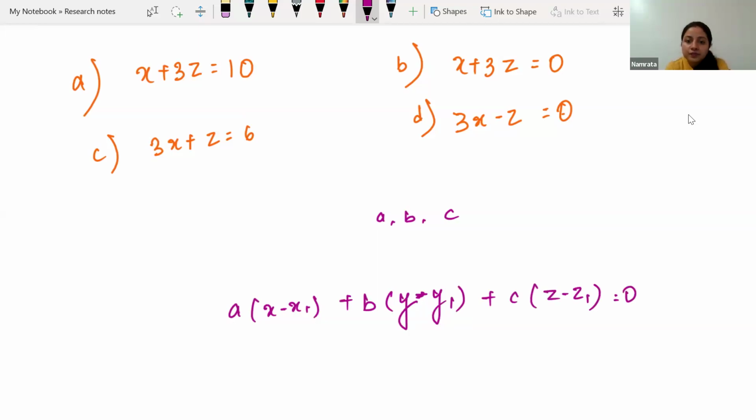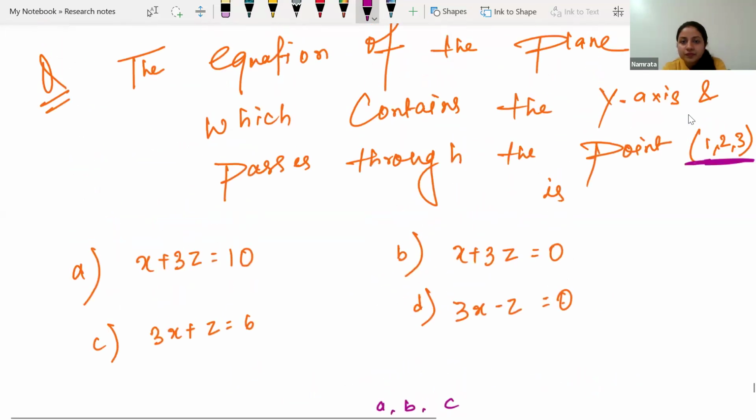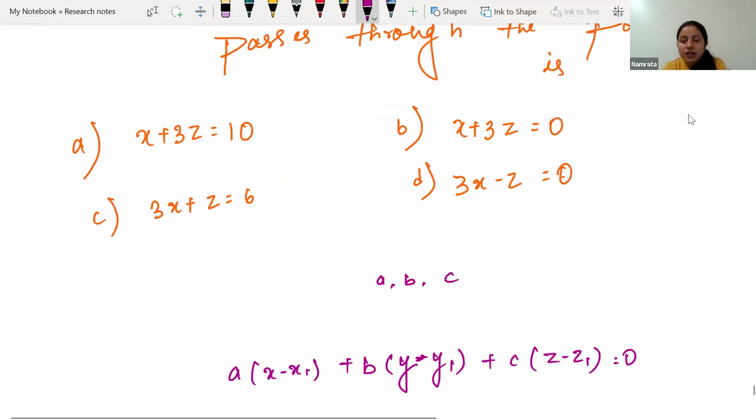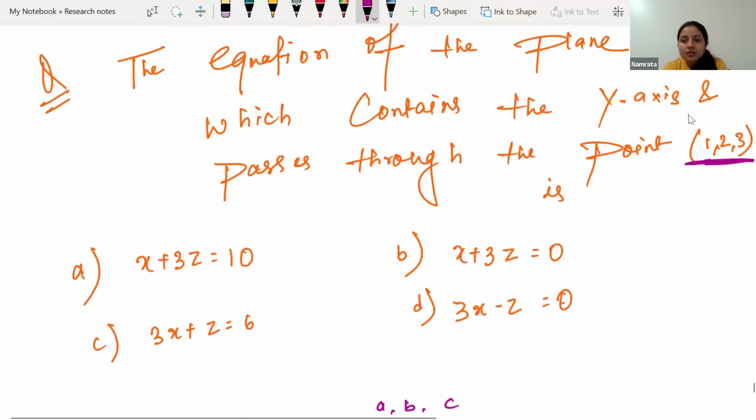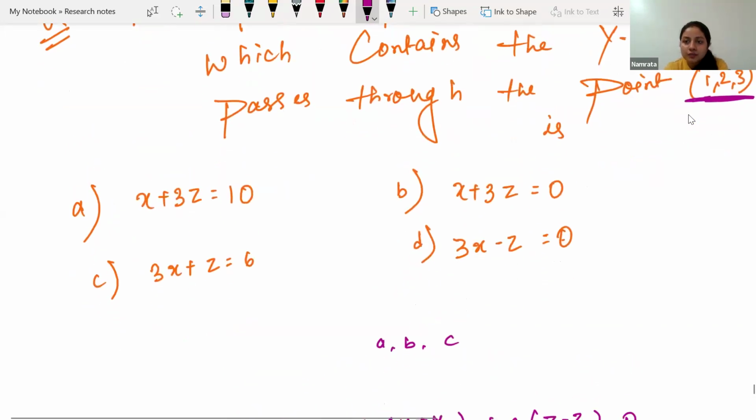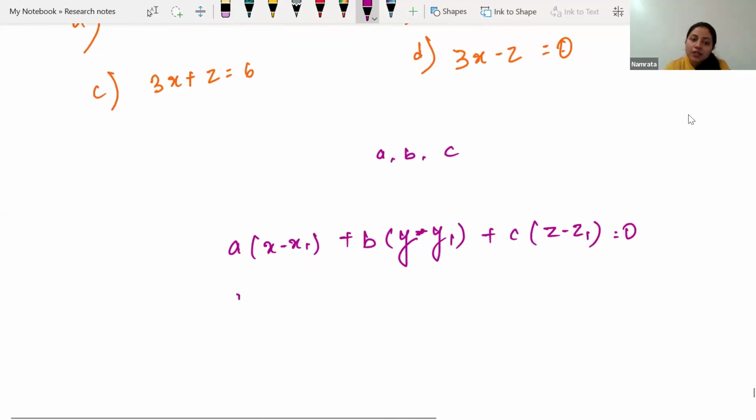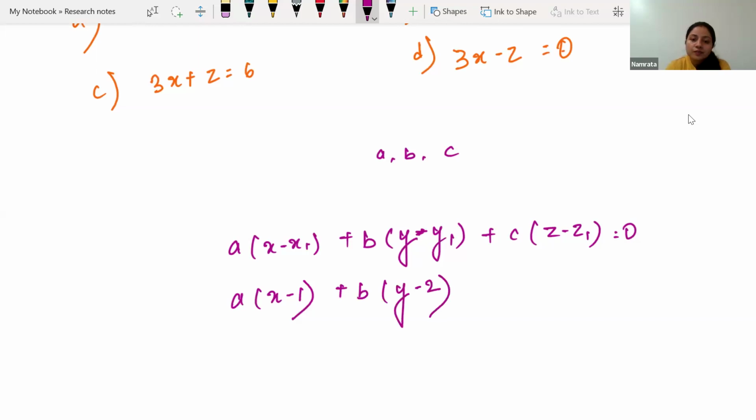Yes or no? Can we say this is how our equation of plane will look like? Yes, ma'am. x1, y1, z1 over here is 1, 2, 3. So we will be having a x minus 1 plus b y minus 2 plus c z minus 3 is equals to 0.